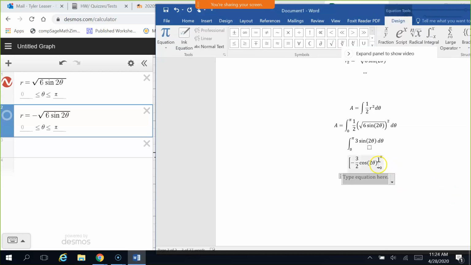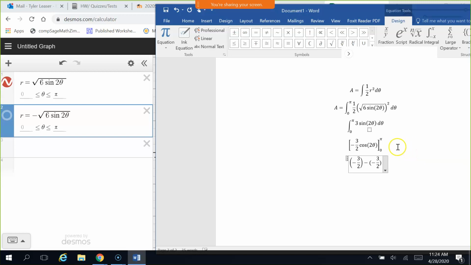If I plug a pi into this, that's cosine of 2 pi, which is 1, so we get negative 3/2. That minus, if I plug 0 into this, we also get cosine of 0 is 1, so another negative 3/2. It kind of looks like, uh-oh, did I goof up somewhere?